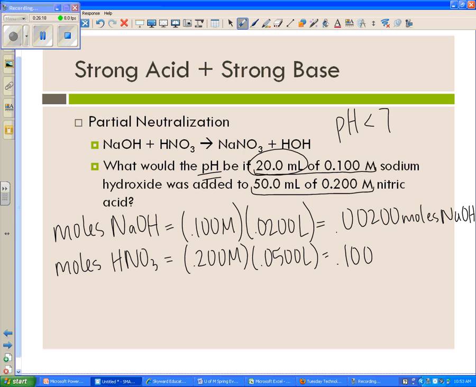Oops, should be 0.01. So the 0.002 moles of sodium hydroxide that we have will go into neutralizing some of this 0.01 moles. How much will not be neutralized?